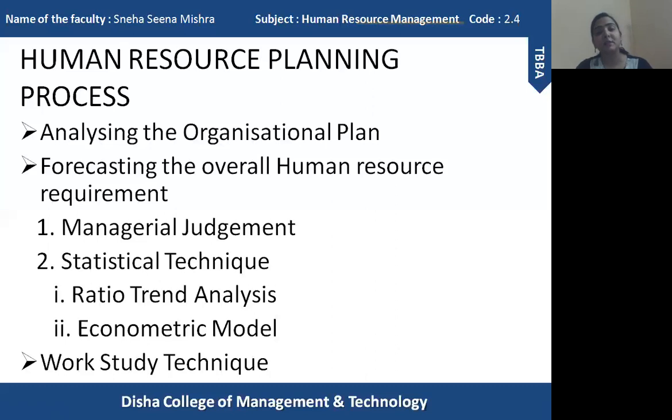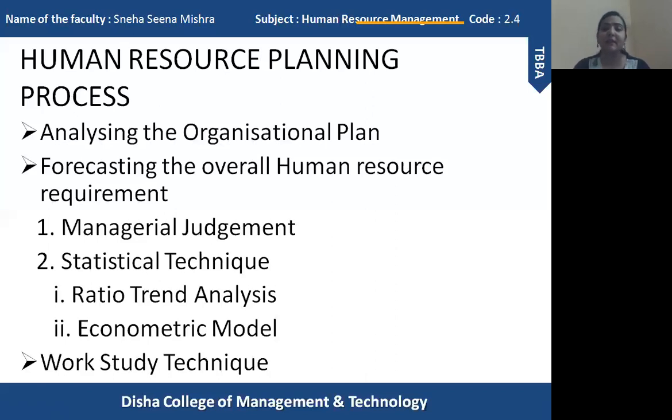So managerial judgment simply means that we take the opinion of these managers, these departmental heads, regarding their future requirements and what number of people will be required by them.